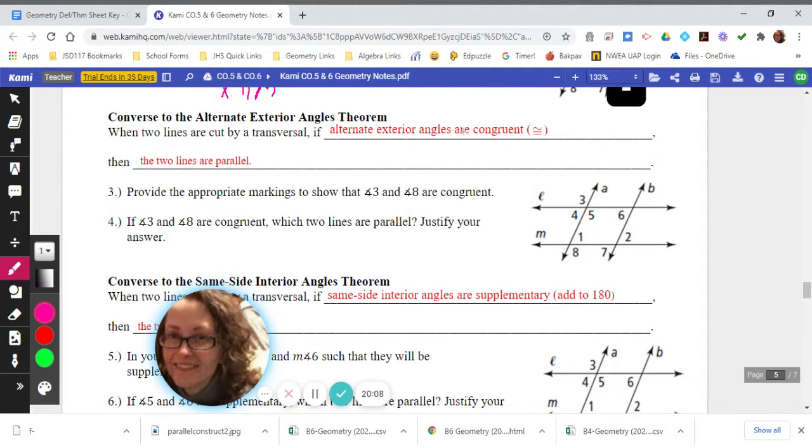So for alternate exterior angles, if alternate exterior angles are congruent, then I also know that the two lines are parallel. So to show the markings for 3 and 8, let's do 2 arcs this time. If I do 2 arcs here at 3, then I would have to do 2 arcs here at 8.